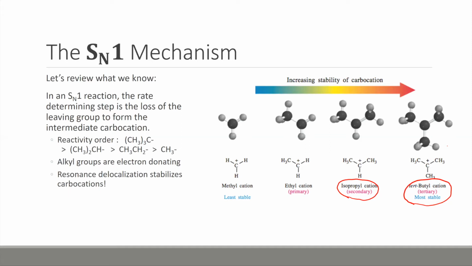The reason for this is because alkyl groups are electron donating and they help to stabilize the carbocation. So the more alkyl groups you have, the more carbons you have around, the more they can stabilize this positive charge. The fewer carbons you have around, the less likely you are to form a carbocation, and thus the slower the reaction is to progress.